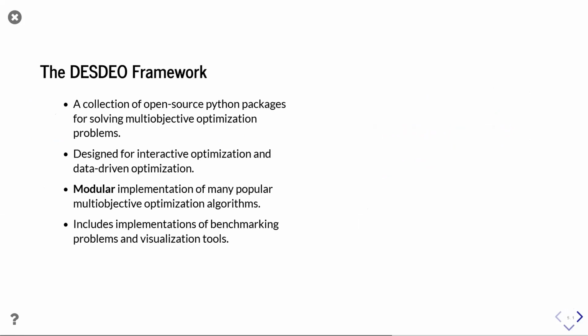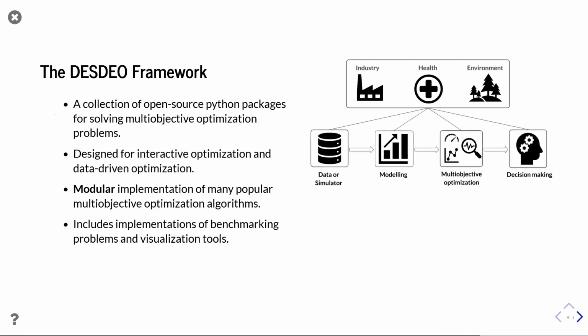So what is the DESDEO framework? The DESDEO framework is a collection of open source tools which we have developed to solve multi-objective optimization problems. This entire framework is focused towards something called interactive optimization, which I will talk about later in the talk, and data-driven optimization, which again will come up later in the talk.